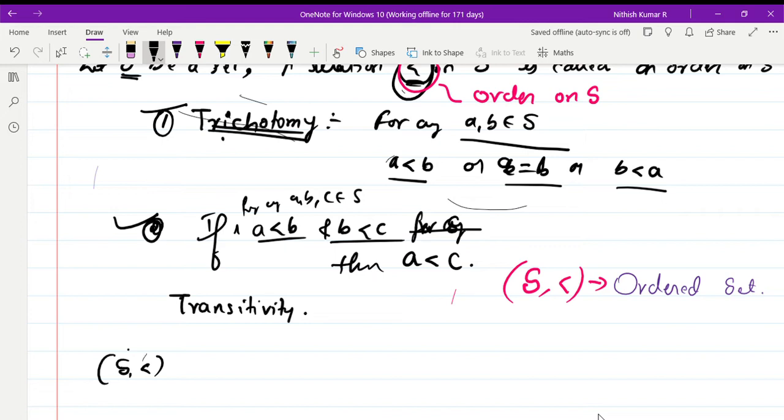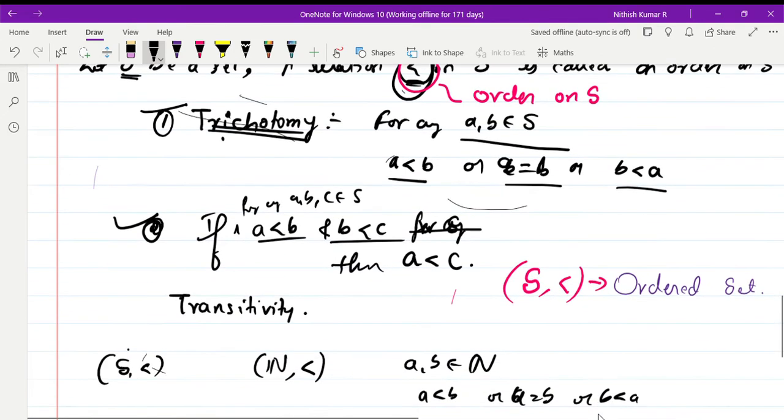Okay, so the example for an ordered set is, consider S as the set of all natural numbers with the usual less than. Now observe that N is a set and less than is an order. Less than satisfies trichotomy because for any a, b belonging to N, either a is less than b, or a equals b, or b is less than a.